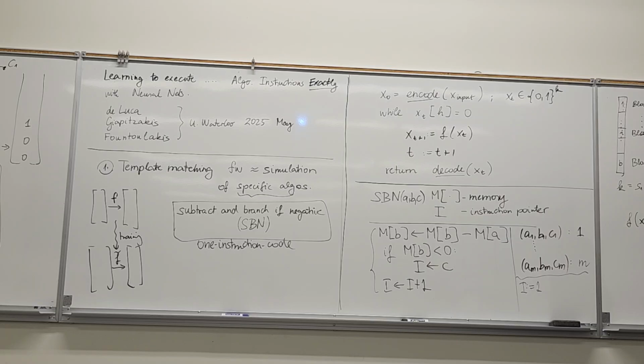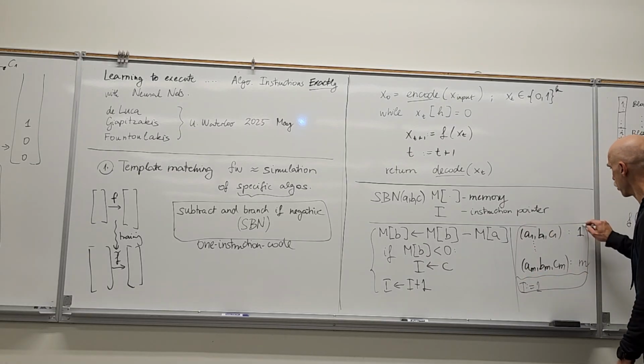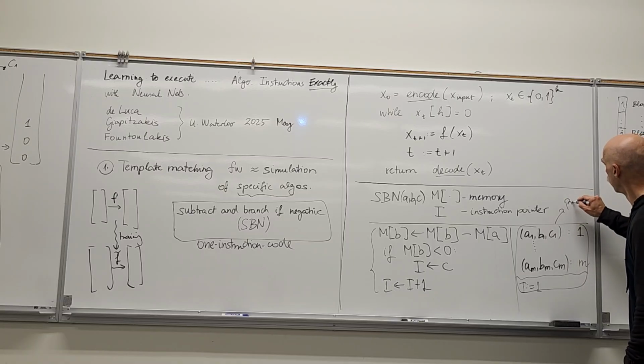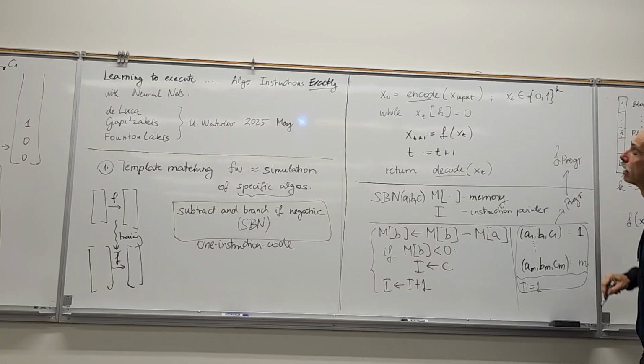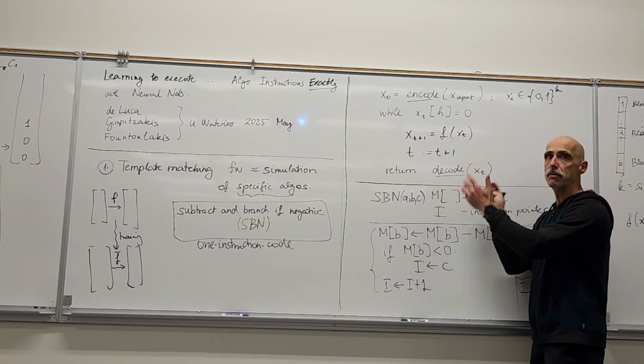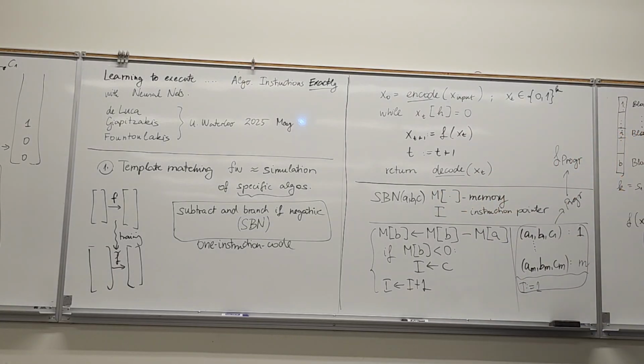So now we care about implementing SBN. No, not SBN. We are caring about implementing a program. So this is a program. And for the program, we are going to create an F function that represents the program. And what does the program take as input? The program is going to take as input some part of the memory that has the input and some part of the memory that has the output, and that's it.